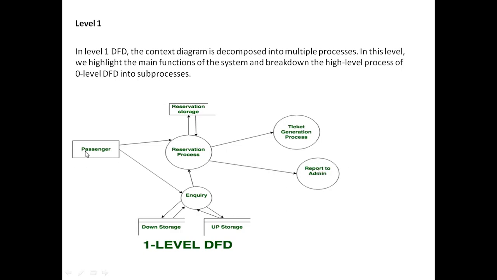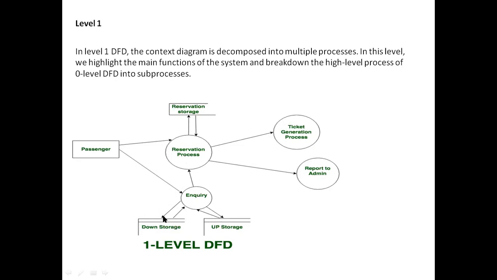Okay. Or a passenger can make an inquiry about the reservation process. So inquiry is also a process, and this process is having these data stores. Inquiry can be down storage, inquiry can be up storage. This inquiry can take the data from these data stores.